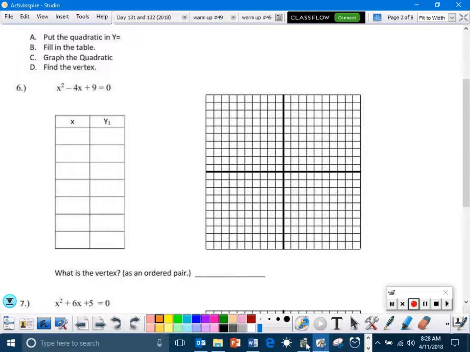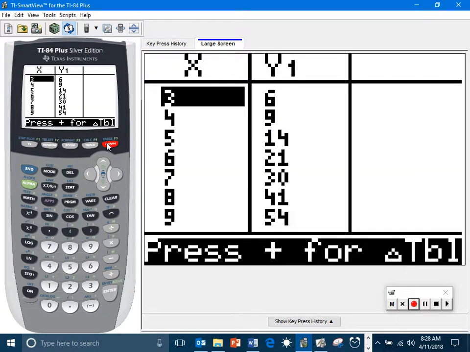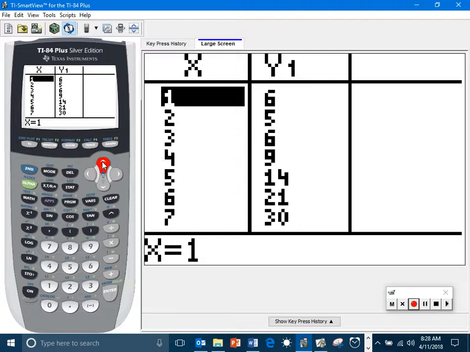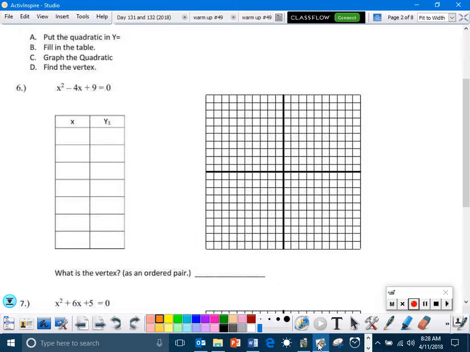Yep. I'm going to go to the table, and again, I'm going to look in the second column, and I'm going to try to get that so that it matches on top and the bottom. There we go. So on top, we've got a 14 in the second column, and then a 14 on the bottom. All right, so it starts at negative 1 in the first column. So let me fill that in.